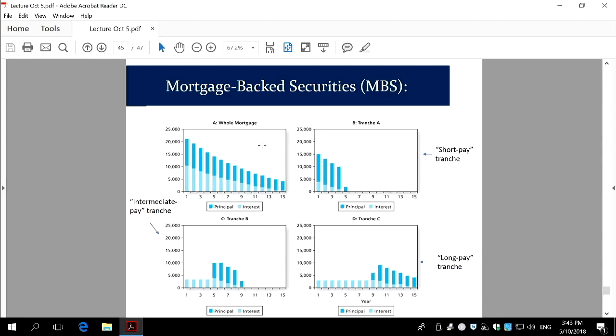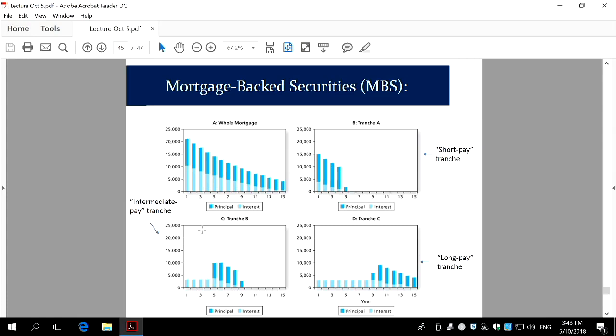But once you have a pool of mortgages like this, you can divide this future cash flow into three different tranches. So this whole mortgage can be divided into A, B, C, and the sum of A, B, C equals the whole mortgage. The first tranche is just the cash flow in the recent years, from 1 to 5 years. This is called the short pay tranche.